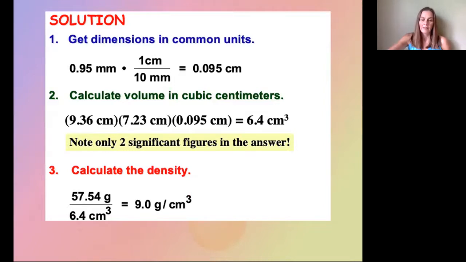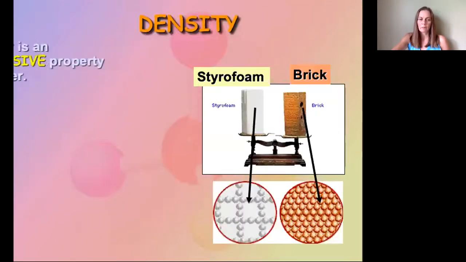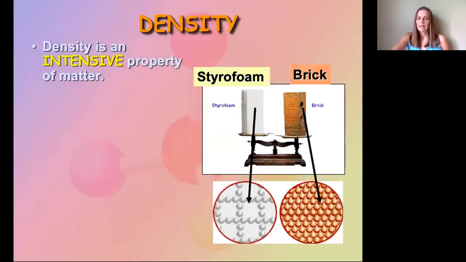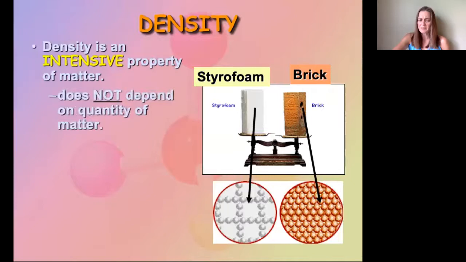Let's take a look at some of the other descriptions of this particular property of density. So density is what we call an intensive property of matter. It does not depend on the amount of matter that is present. So whether I have a little bit of styrofoam or a lot of styrofoam, it's going to have the same density.